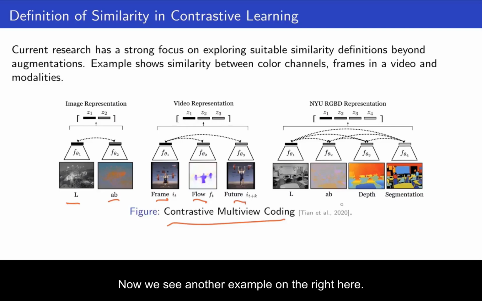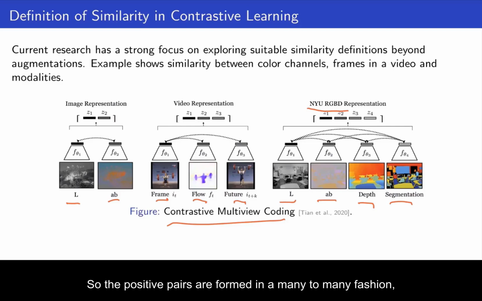Now we see another example on the right here. This is for indoor scenes, and we have a very famous dataset called the NYU RGBD dataset, which has multiple modalities such as depth and color images. Here the CMC proposed to build positive pairs between the depth images, the luminance, which is the L channel, the chrominance, which is the AB from the LAB space, the semantic labels, as well as surface normals.